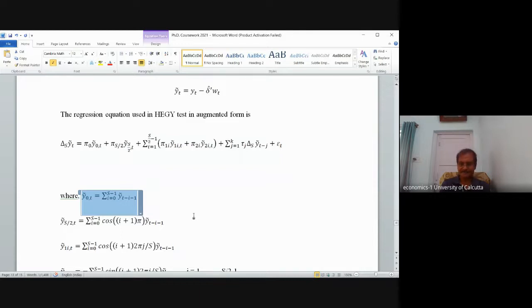Am I right? Yes, sir. Yes, fine. So it basically takes the sum for all quarters in a year. So y tilde naught t basically captures the annual movement. For that reason, pi naught is related to non-seasonal unit root.